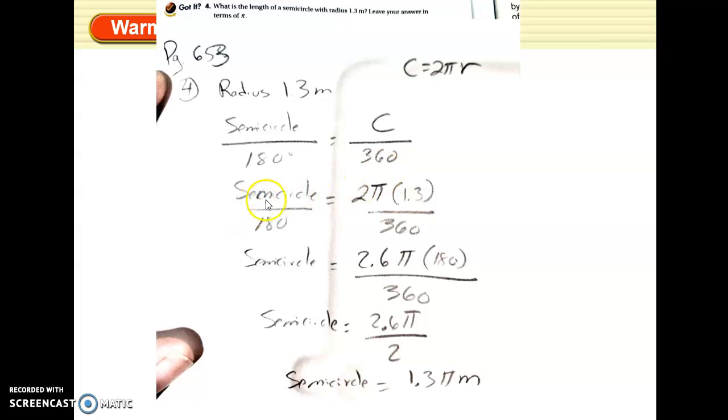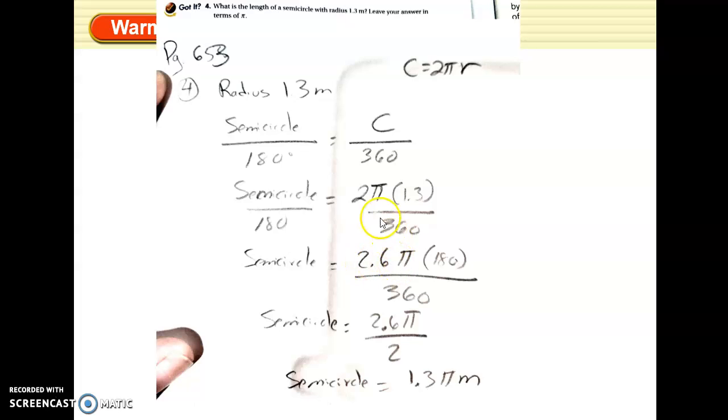Now, the semicircle, this division, we're going to multiply here. What is this? It is the circumference, 2 pi times 1.3. Where I get this 1.3 is the radius. A substitution in the formula.